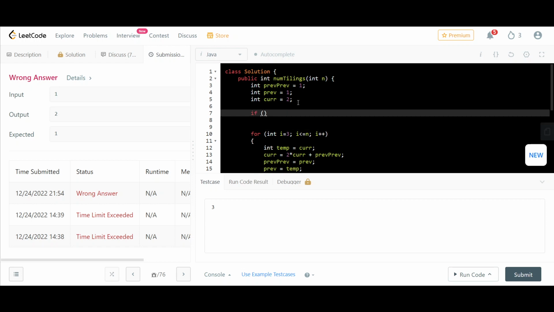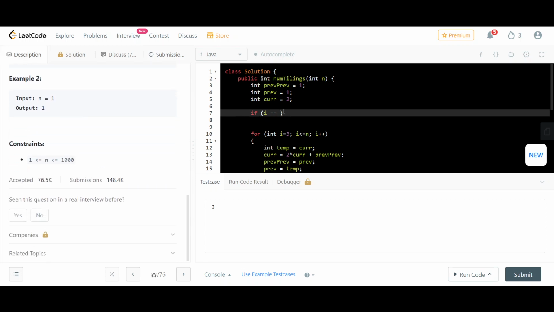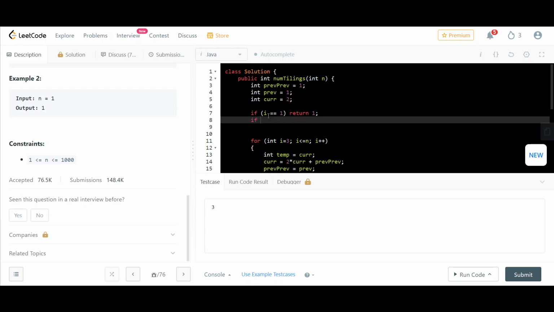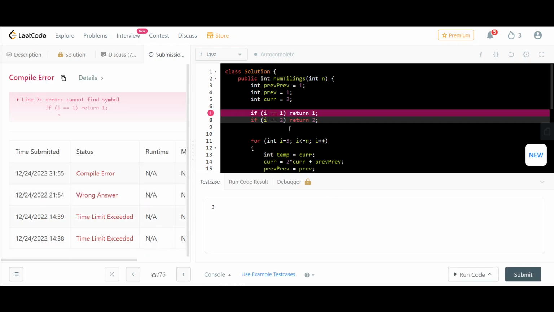Minor details. What are the different n that I can get? If n equals 1, return 1. If n equals 2, return 2. Okay, I got a wrong answer because it's not i, it's n. Submit.